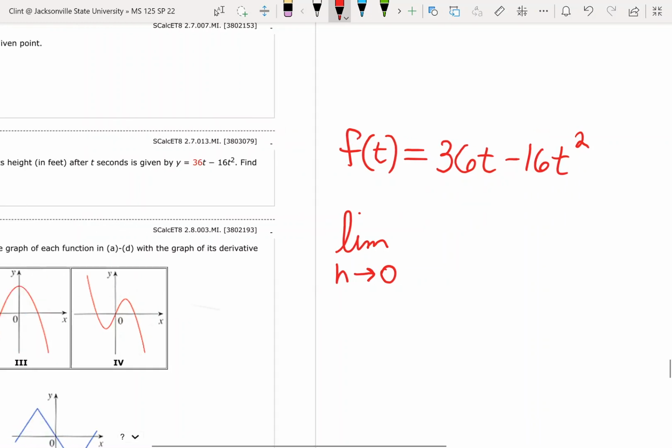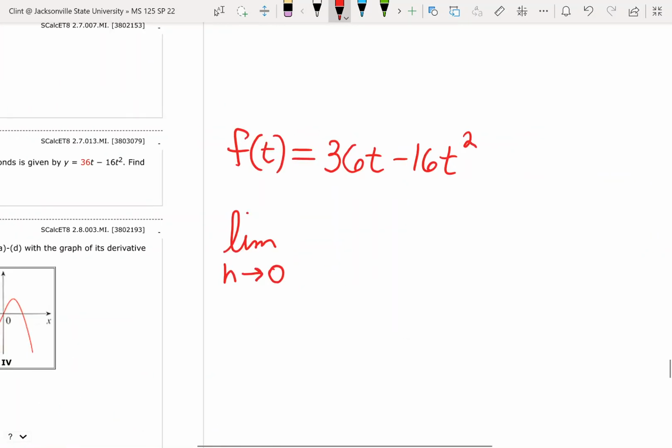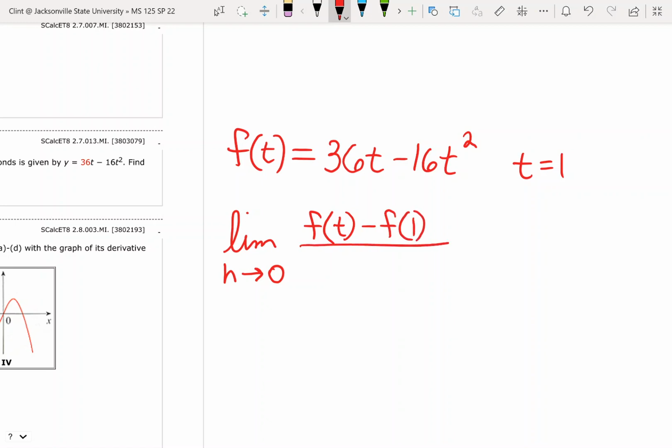So our t coordinate, like our x coordinate, will be 1 here. So we want the limit as f of t minus f of 1 over, well, no, I'm mixing my definitions, I'm sorry. We want f of 1 plus h minus f of 1.